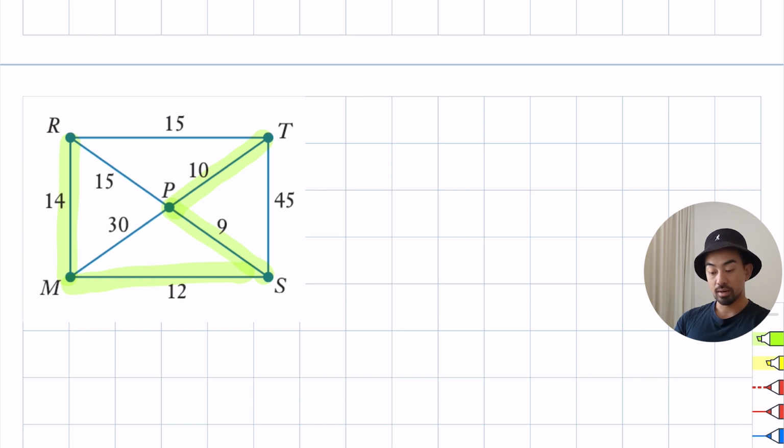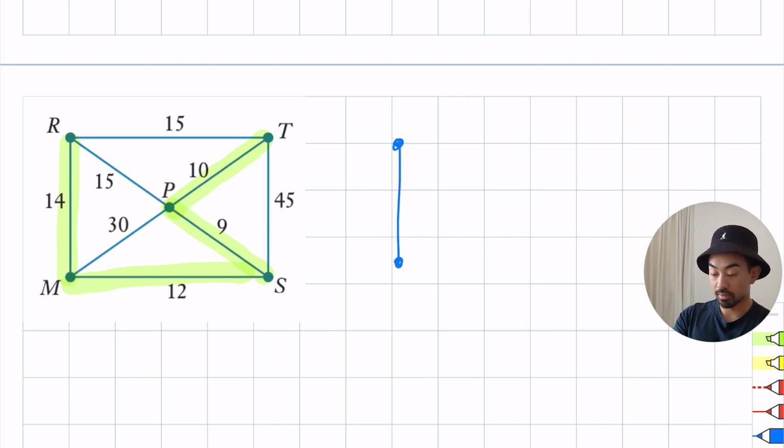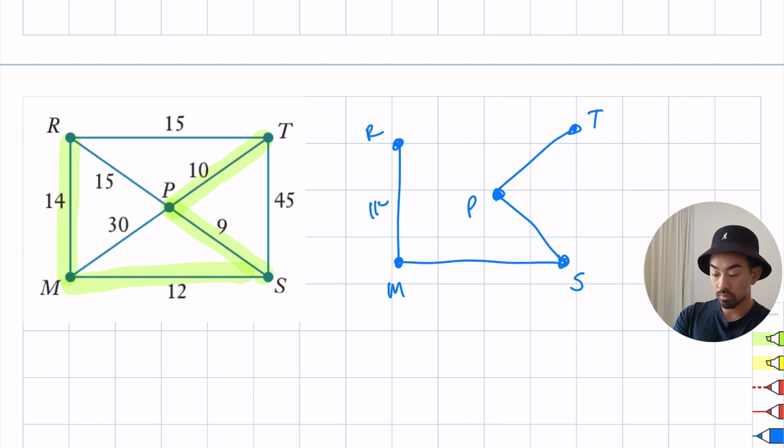And then that is it. So all your vertices are connected. So our minimum spanning tree looks like this: 14, 12, 9, and 10.